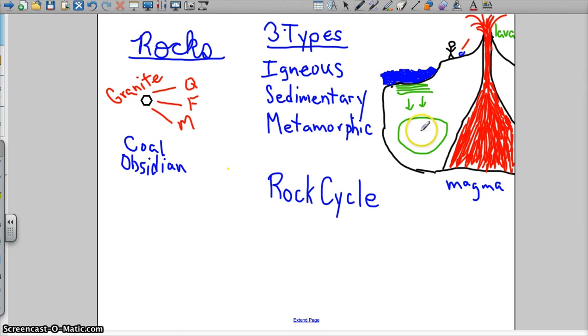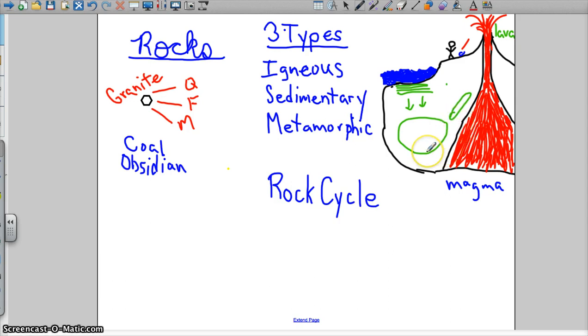Sometimes you can get magma here. The layer around the magma will get a little bit warmer than layers that are nowhere near the magma. So the heat from this magma can change some of the rock in the vicinity to metamorphic rock also.